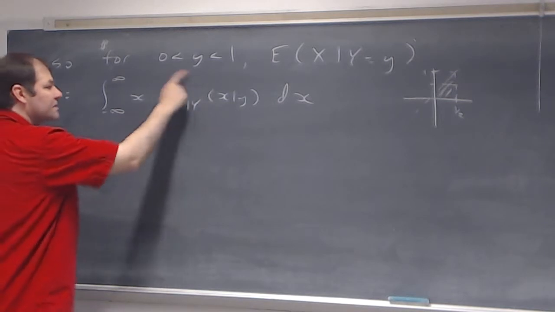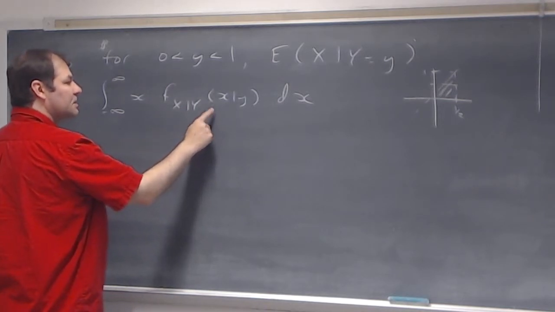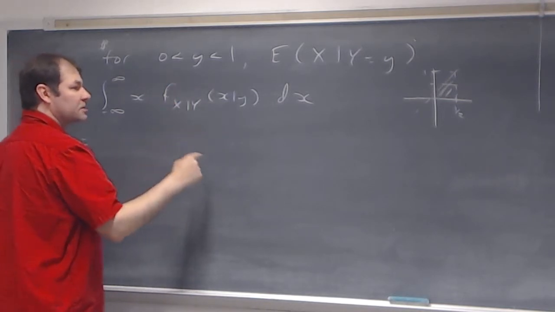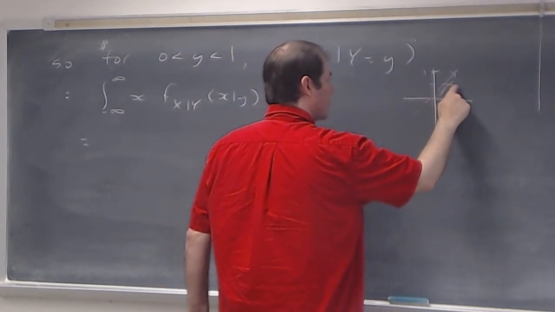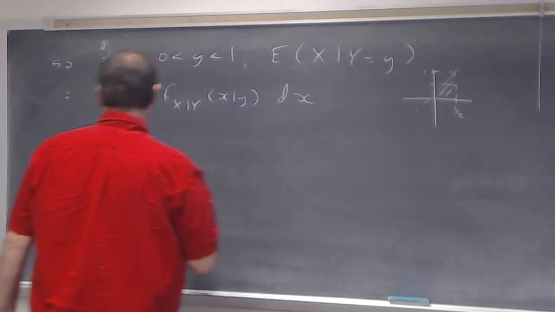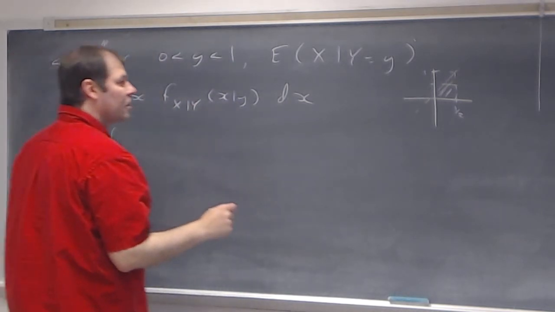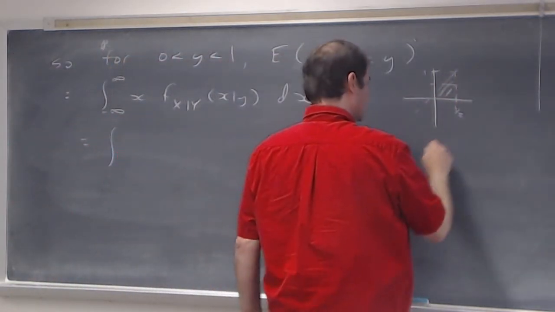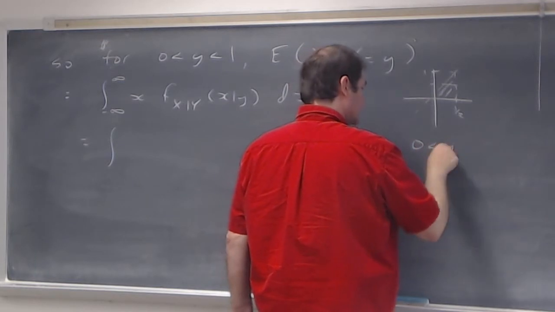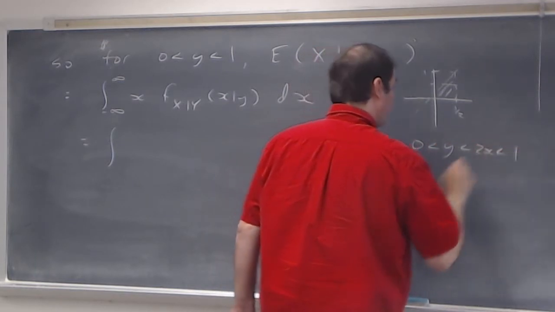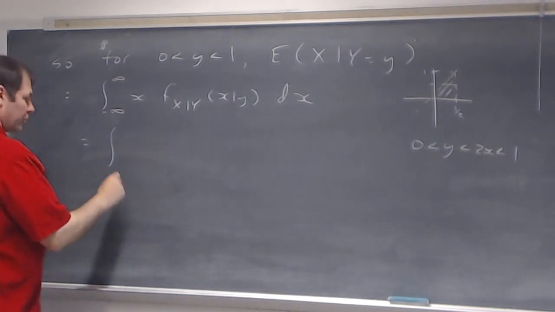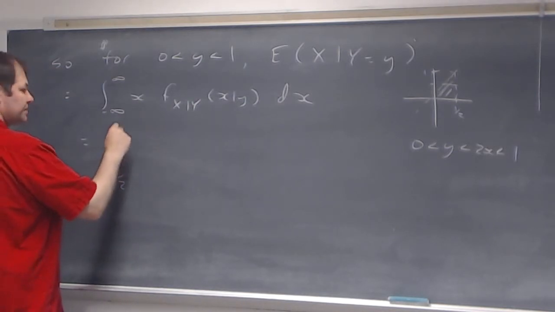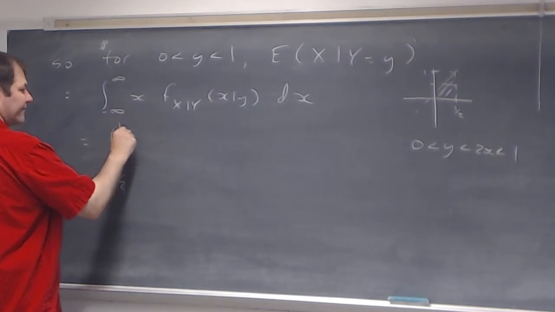But a lot of times, this conditional probability density function is 0. Where it's not 0 is in this triangle. We fix a y within this triangle. Remember, the region we were describing was 0 is less than y, less than 2x, is less than 1. And so here, the x values will run from y over 2 up to 1/2.